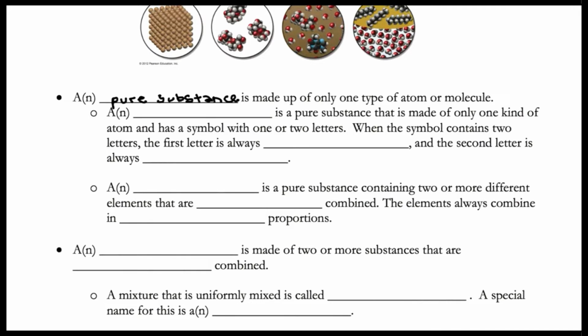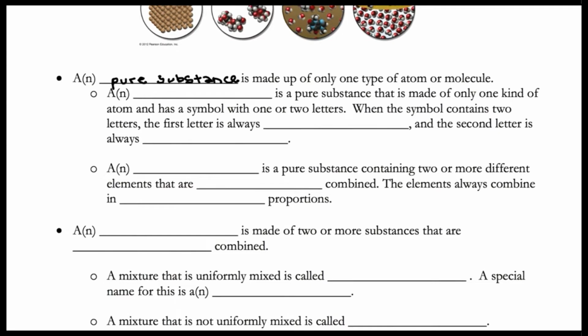So if you have a pure substance that has only one kind of atom, then you have what's called an element. Okay? And the way that you know it's an element, it's going to only have one or two letters. If it's one letter, for example, oxygen, that letter is capitalized.